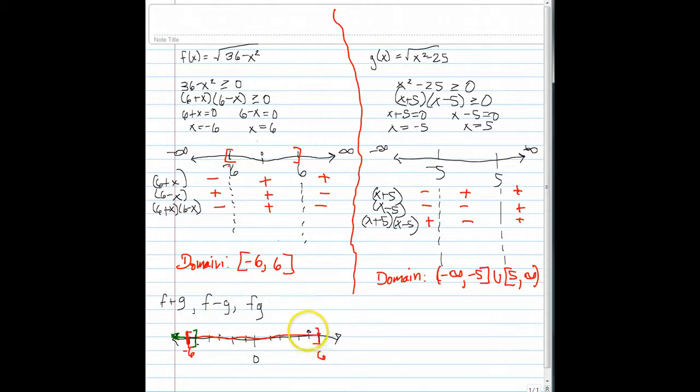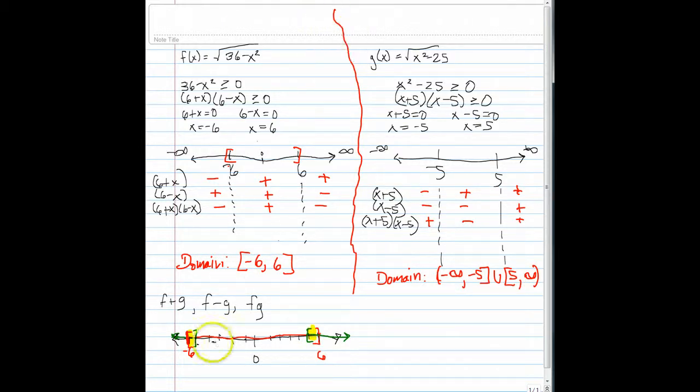And then the other one is from 5 to +infinity. So we can see that their intersection is strictly this area right here. So that would be the domain for the addition, the subtraction, and the multiplication of f and g.